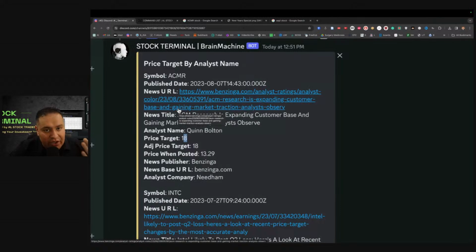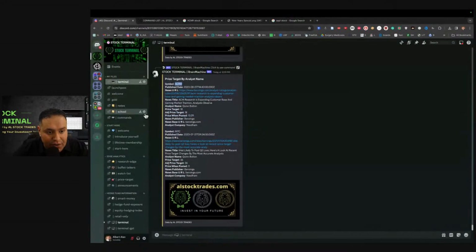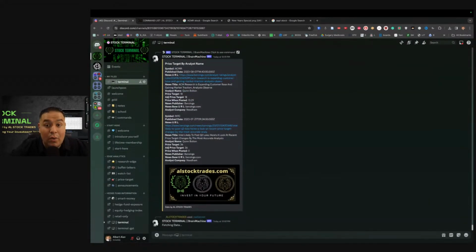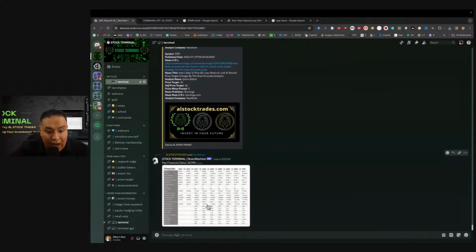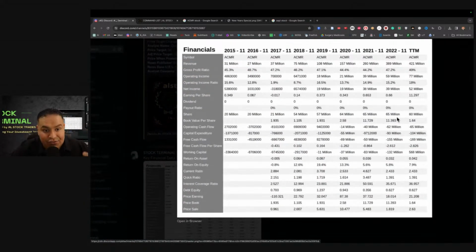But again, like I told you, this is one onion, one skin of the analysis. Obviously, this guy's doing an intrinsic value calculation. So obviously, there are other ways to do this. You need to go ahead and pull up the financials. So you go up here and you type in the Wall Street command, and I want to see the financials of ACMR, let's say, right? It's done really well. You put a price target, still negative free cash flow. It's probably in the semiconductor space. Revenue is growing. Gross margins are good. Net income is positive.